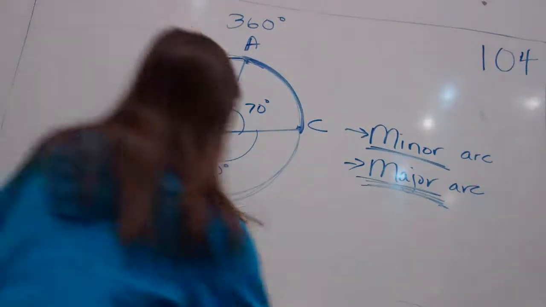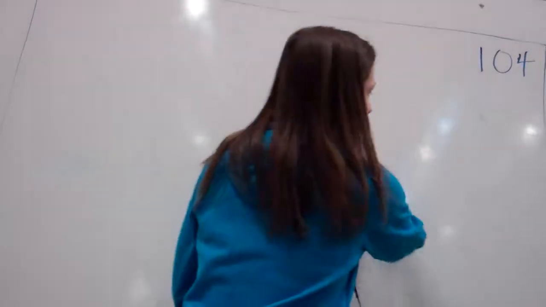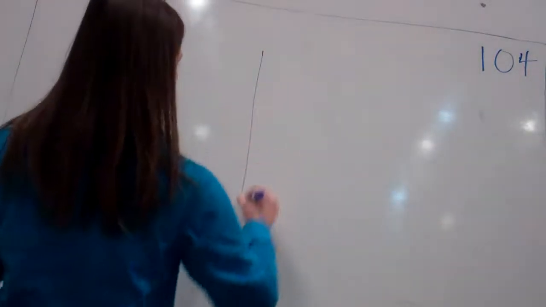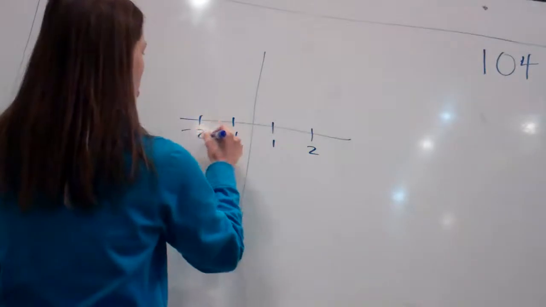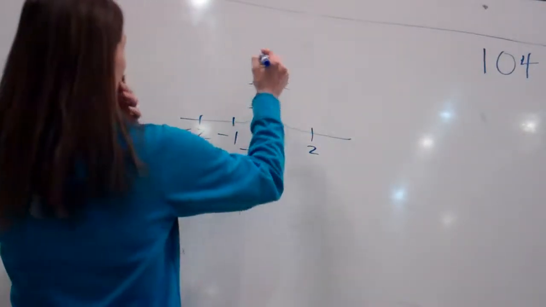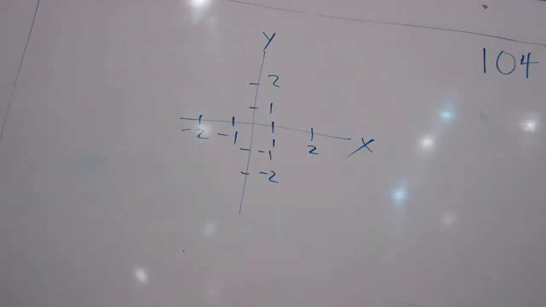Now, here's what they tell me. That was just to teach you the minor and major. So listen to this. I've got an axis: 1, 2, -1, -2 on the y-axis and the x-axis.